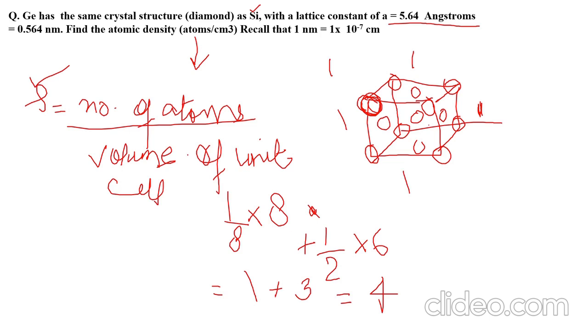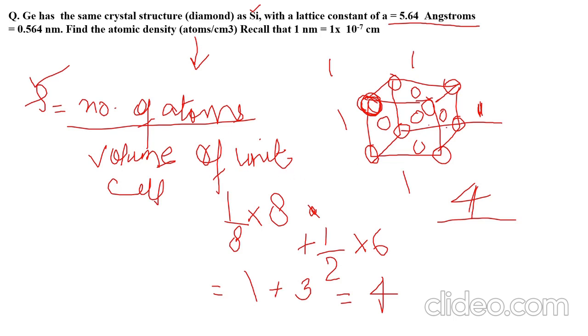Now if you find the atomic density, the density of the atoms will be the number of atoms, which for a face centered cubic is 4, divided by the volume of the unit cell. So what is the volume of the unit cell?